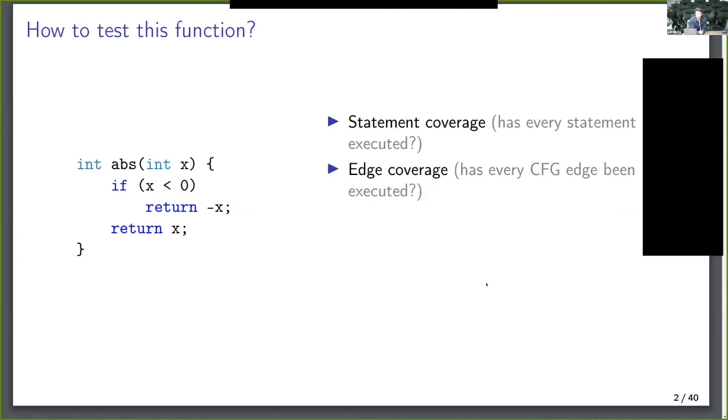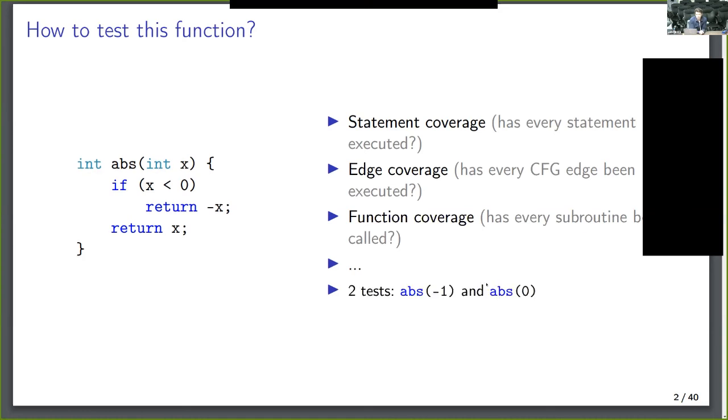Or they may be branches or edges of the control flow graph, they may be functions, and so on. In this concrete case, for example, we can just take these two tests and they will exhaustively cover every branch in this program. So we can consider these two tests to be a good test coverage for this function.